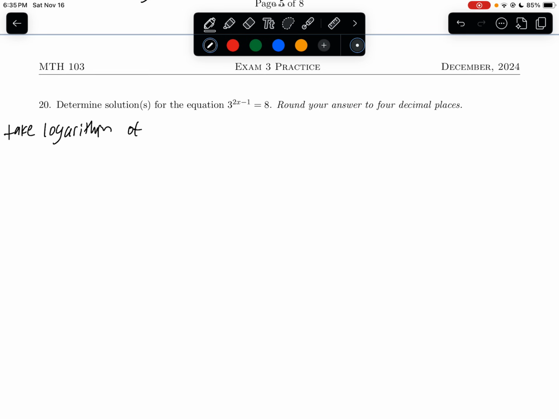So this would then be: take the logarithm of both sides. So I would say either use log, which in this class is, of course, base 10, or ln, which is base e. Same as the last question with the doubling time, you can use either one of these. In the solutions, we used log base 10, so I'll do that here.